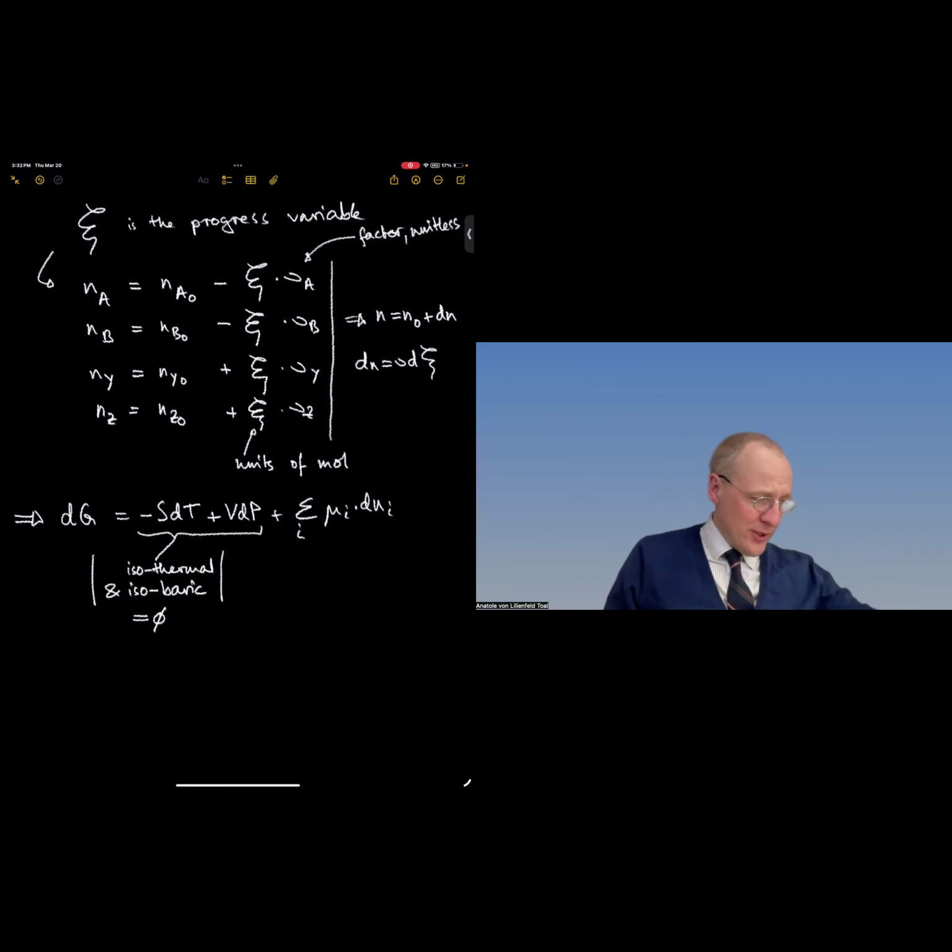Now, these chemical potentials we can conveniently separate by summing over our products and subtracting the sum over our reactants.